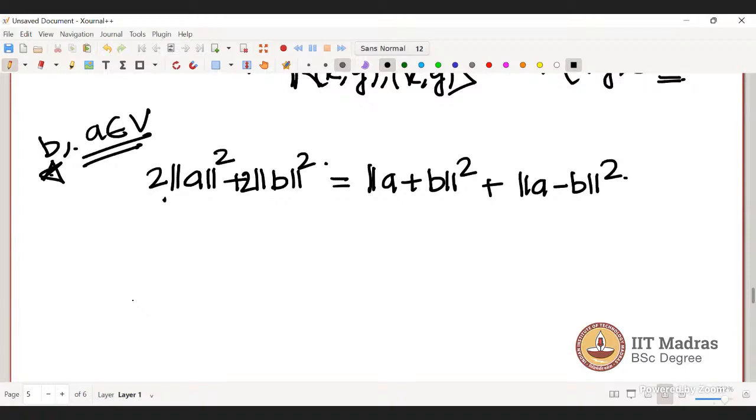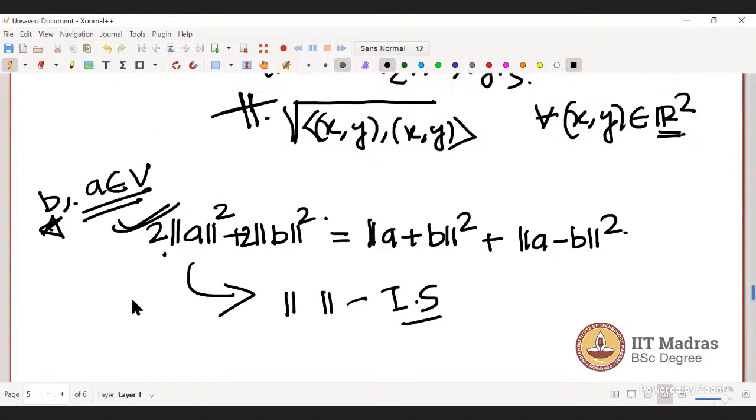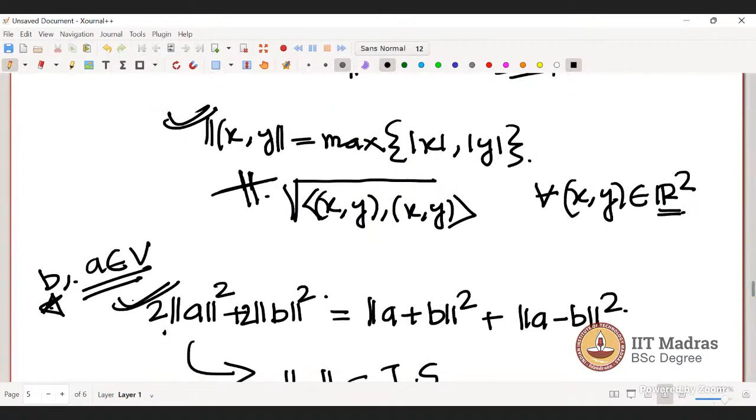So you can show that if a norm is coming from an inner product space, it will satisfy this condition. But you can show that this sup norm will not satisfy this condition.